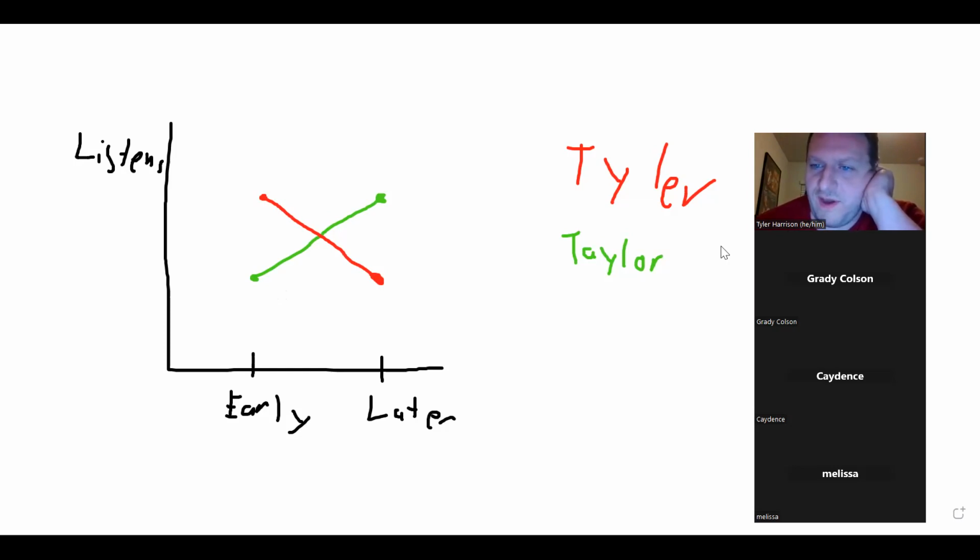Is there a main effect of time of year? Well, let's look at it. Early, if I look at listens, the average is probably that. Later, the average is probably like that. Are those different from one another? No, there is no main effect of time of year.